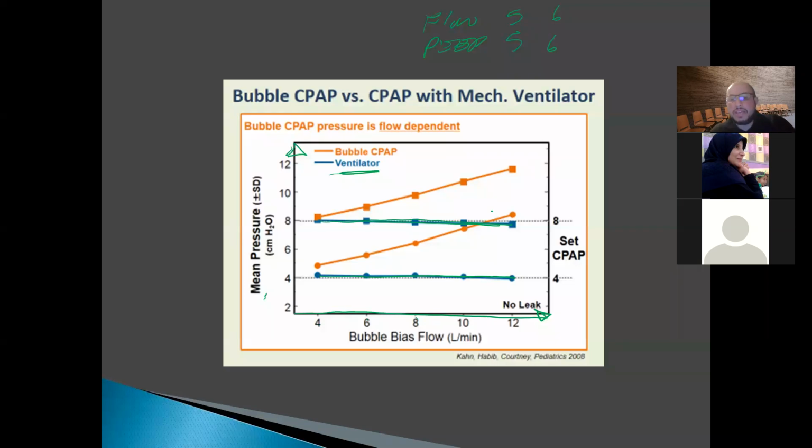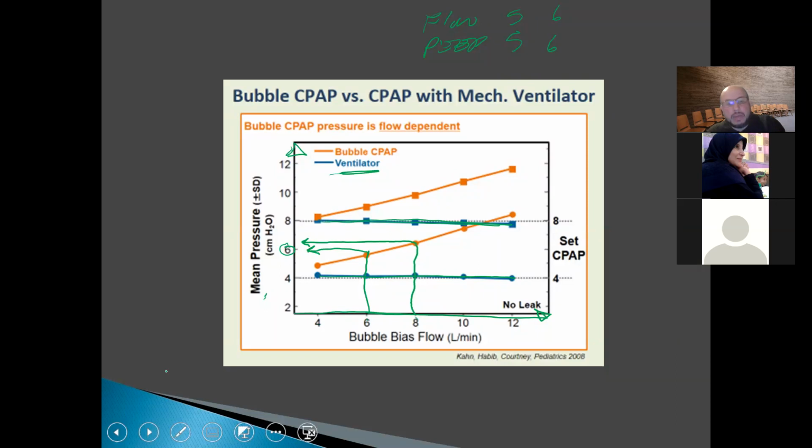Versus bubble CPAP, yes, it's constant flow, but you can control it. You have the ability to increase it. If you increase your flow from 4 to 6, your pressure is slightly increased. If you increase your flow from 6 to 8, you can see your pressure slightly increased from 6.